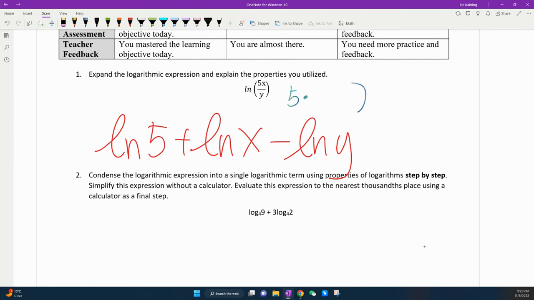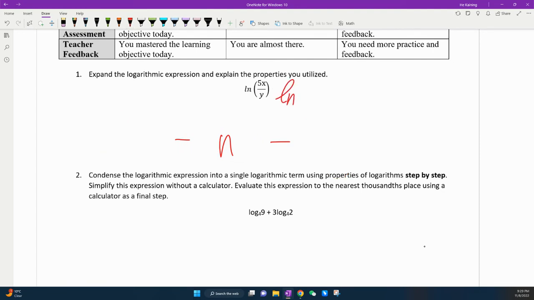What if I change this a little bit? As I mentioned in class, whatever's on the top is definitely using the positive sign, and whatever's on the bottom deserves a negative sign. I'm going to erase this whole thing so I can have more space. What if it's ln of 2 and z on top, and y and x on the bottom?